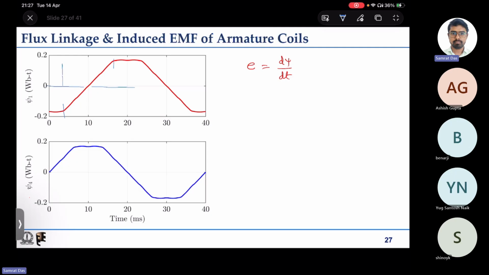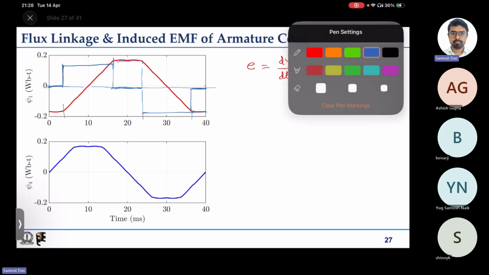If this is the zero line of induced EMF, between these 2 points you will have positive induced EMF. Wherever you have a flat portion, there you will have zero induced EMF, and in the falling region, again you will have negative induced EMF, and again in the flat region you will have zero induced EMF.